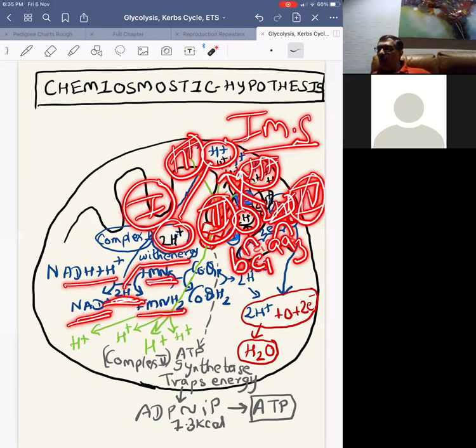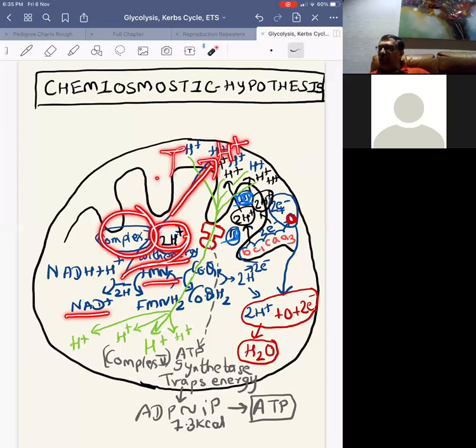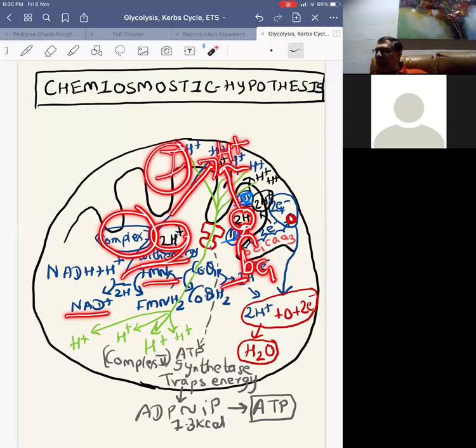So which complexes did we get? From NAD to FMN, protons with energy are pushed into the intermembranous space. That is called complex 1. Then from B to C1, again protons are pushed into the intermembranous space. That is called complex 3.